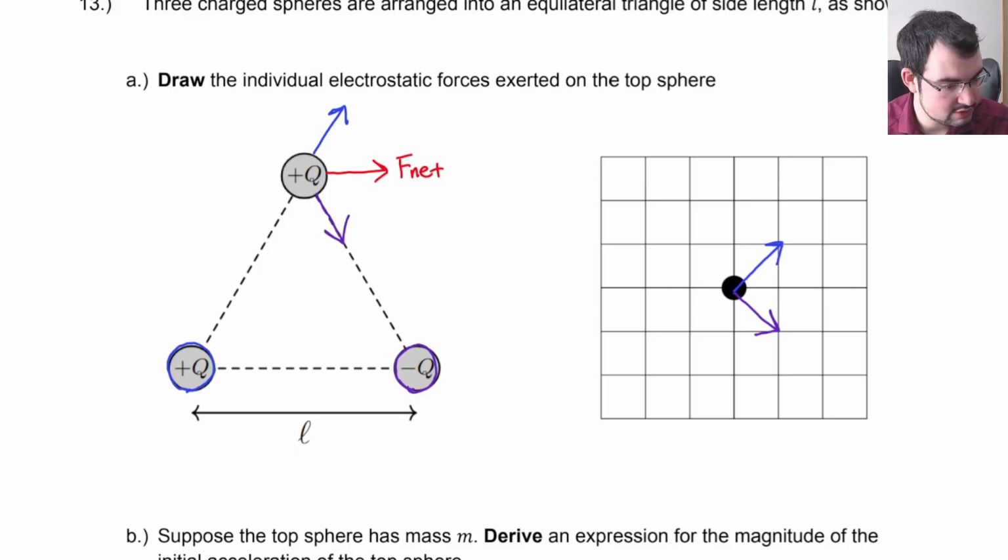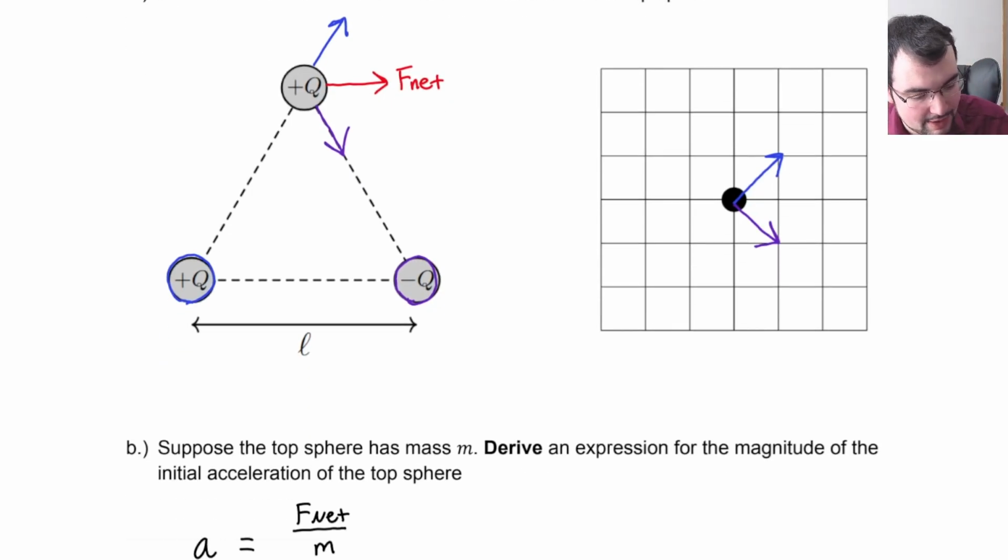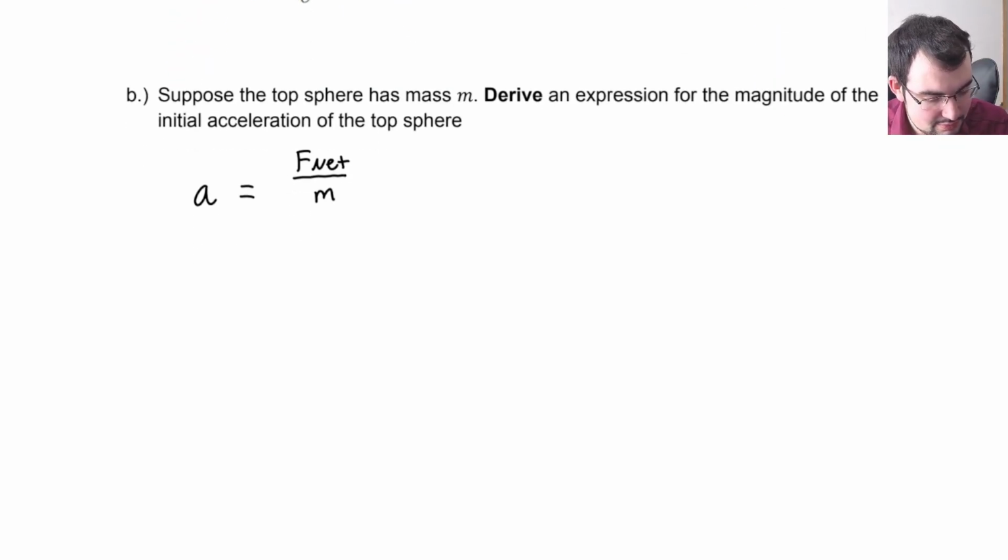Now, to do that, this is of course a vector component problem. The fact that this is an equilateral triangle means that our relevant angle is 60 degrees, because a triangle has 180 degrees and we're equally splitting the angle three ways. So what is causing the net force? The net force is caused by two charges, but not all of the force from the two charges, just the x component of the force from the two charges.